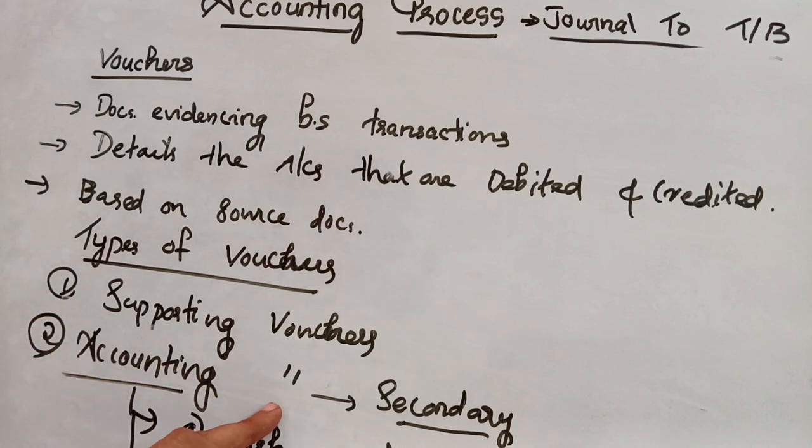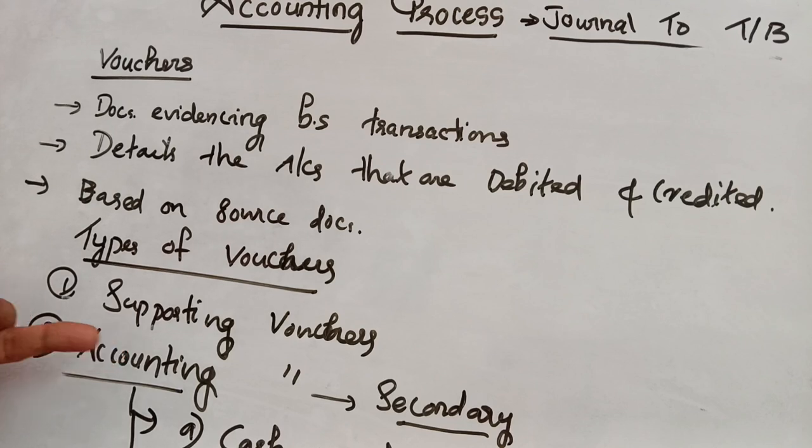Then the accounting vouchers are secondary in nature, in the sense that they are written documents prepared on the basis of supporting vouchers. Based on these supporting vouchers, the accounting vouchers are prepared by the accountant and countersigned by an authorized person.